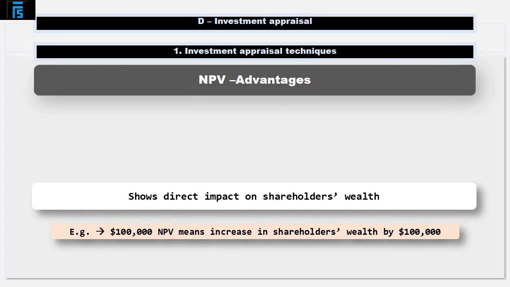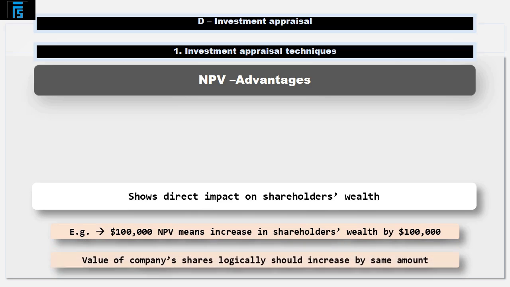For example, an NPV of positive $100,000 means that if that project is taken on, shareholder wealth will be increased by $100,000 in today's terms. The value of the company's shares logically should increase by this amount in total.